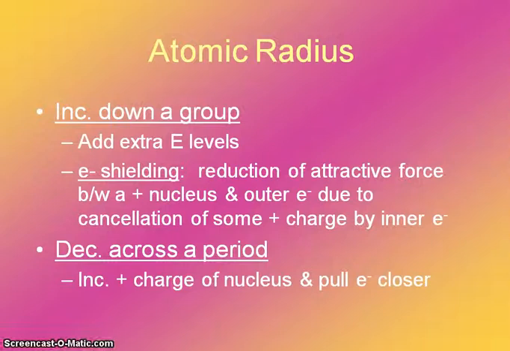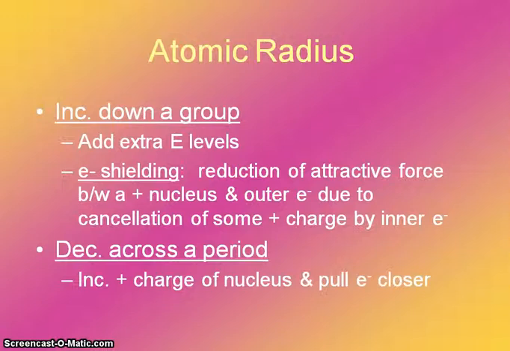So what that means, basically, is that each row or period that you add to an atom, so as you go down the column on the periodic table, you're adding an extra row each time, you're going to be adding more energy levels where electrons can be located. Every energy level that you add gets further and further away from the nucleus. So the levels that are closest to the nucleus that are full of electrons, some of those negative electrons will cancel out some of the positive proton charges from your nucleus.